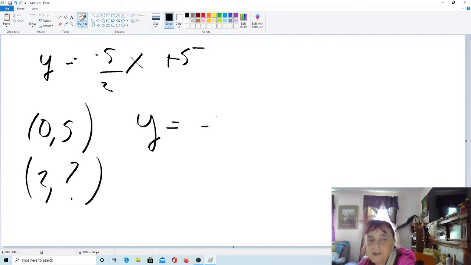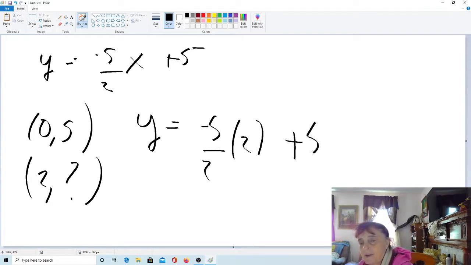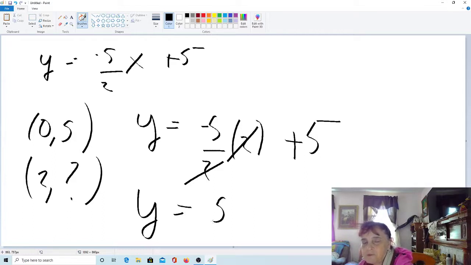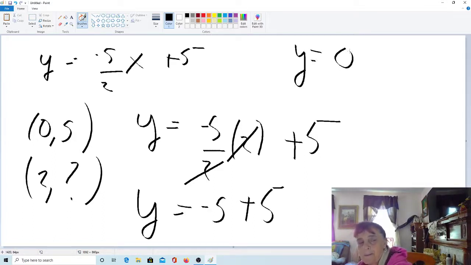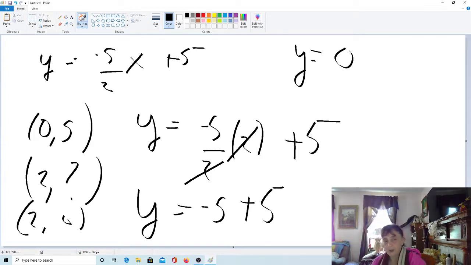So y is negative 5 halves times 2 plus 5. And so negative 5 plus 5, and y is 0. So that's two different ways of graphing the same line with the same points.